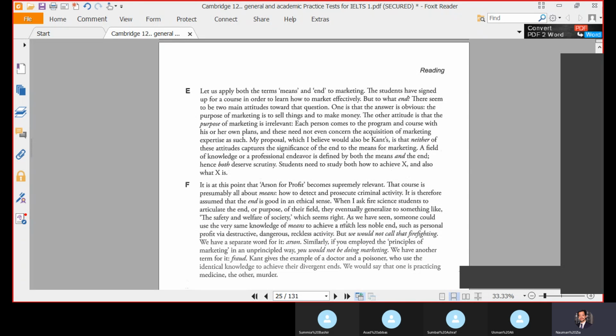But you know, the information after but is important. You got the point? But we would not call that firefighting. We have a separate word for it, arson. Similarly, if you employed the principles of marketing in an unprincipled way, you would not be doing marketing. We have another term for it, fraud.